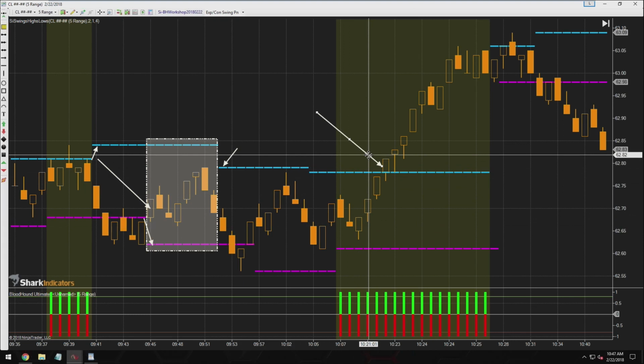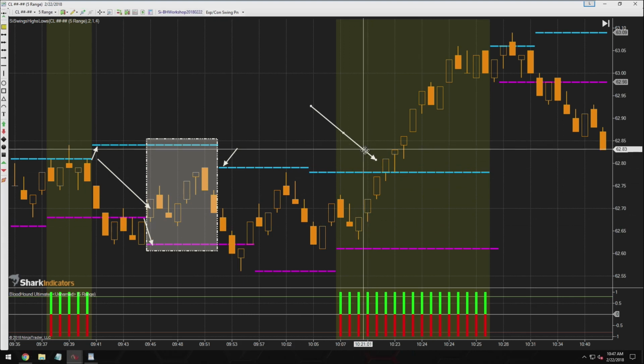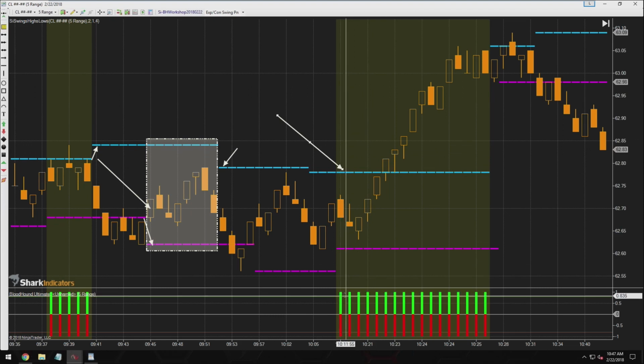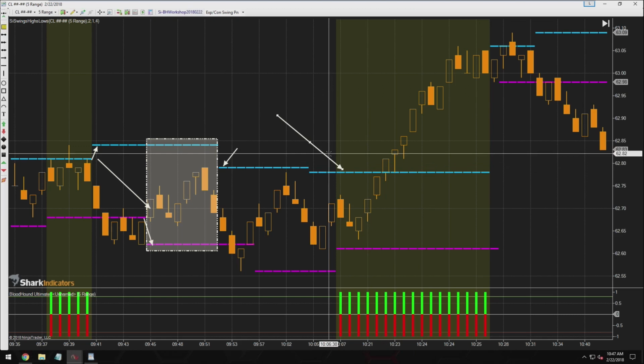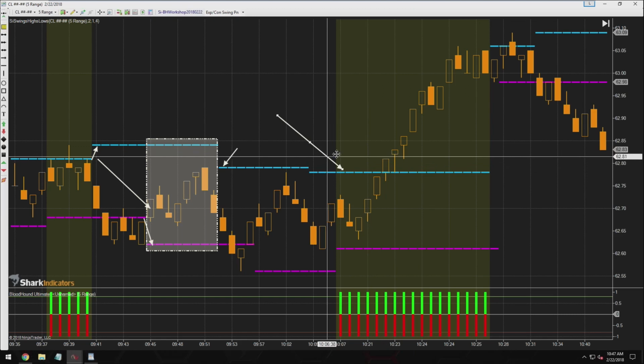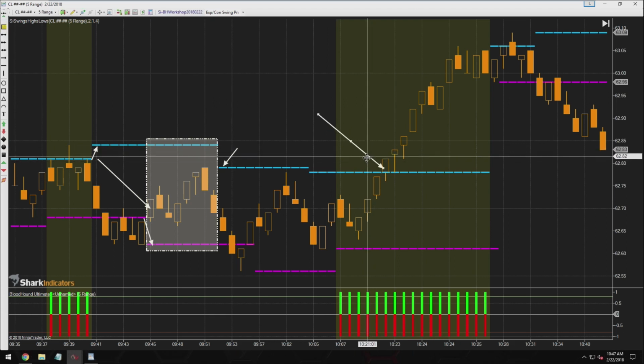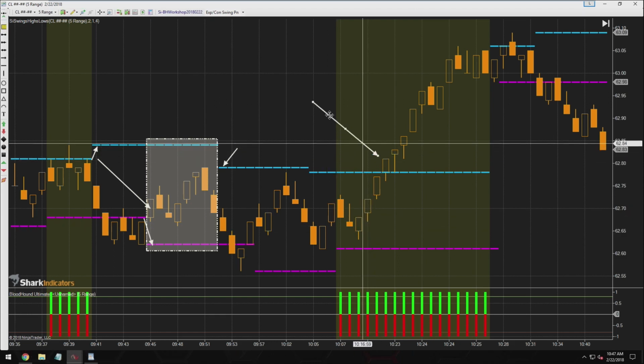So I'm going to take the liberty here and turn off the contraction if price breaks out of one of the swing points there.